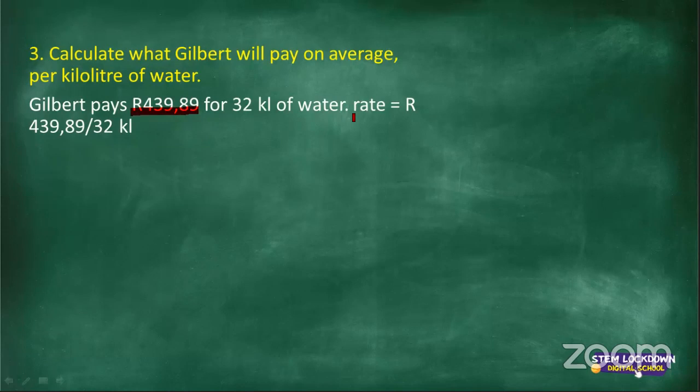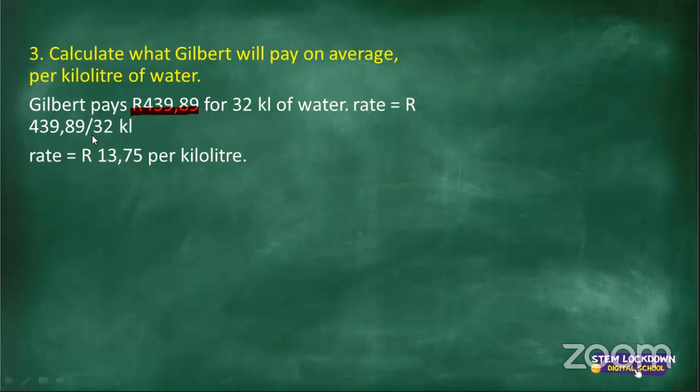Now this is similar to the rate calculations we were doing last week. So in this case, the rate is 439 rand 89 cents per 32 kiloliters. We need to find how much he pays in unit prices now.